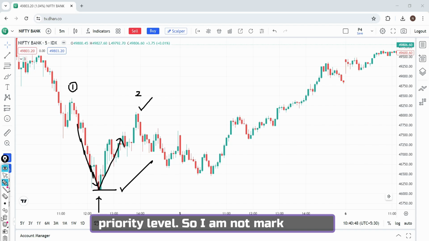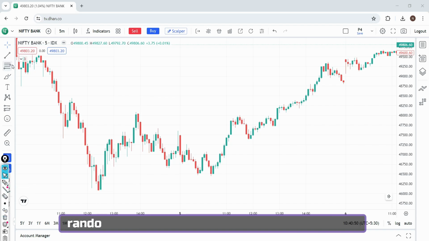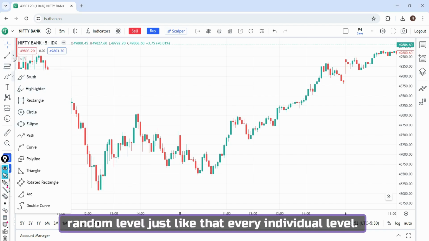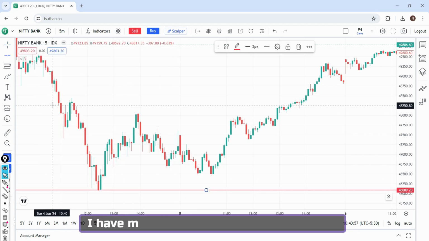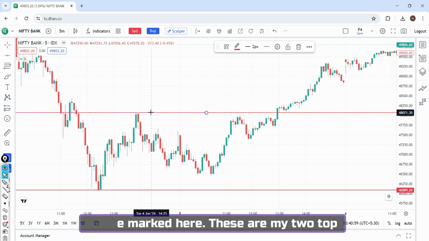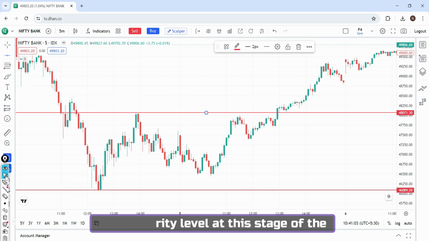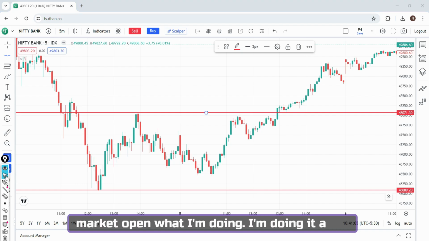So I am not marking any random level just like that. For every individual level I am trying to share the logic. I have marked here my two topmost priority levels at this stage of the market open.